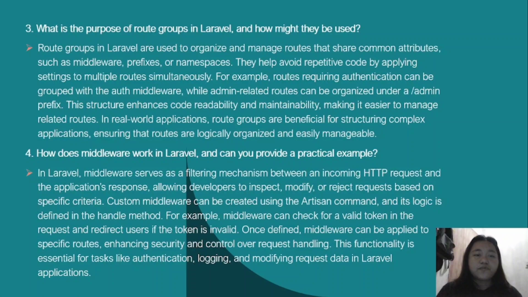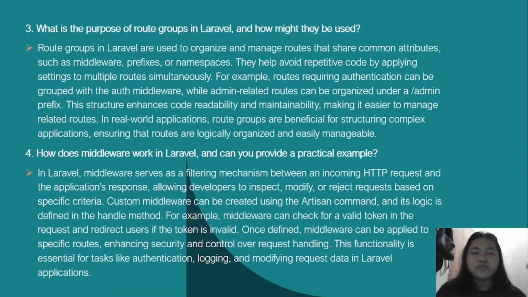What is the purpose of route groups in Laravel and how might they be used? Route groups in Laravel are used to organize and manage routes that share common attributes such as middleware, prefixes, and namespace. They help avoid repetitive code by applying attributes to multiple routes simultaneously.